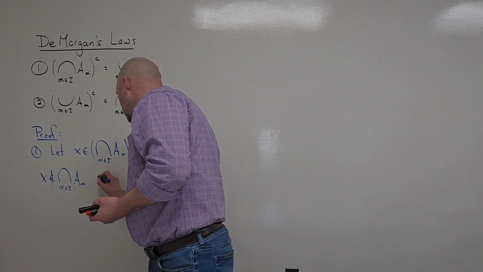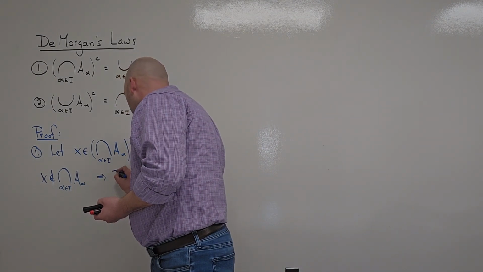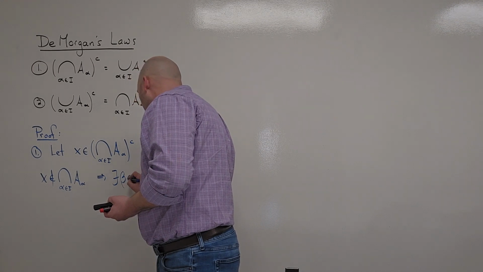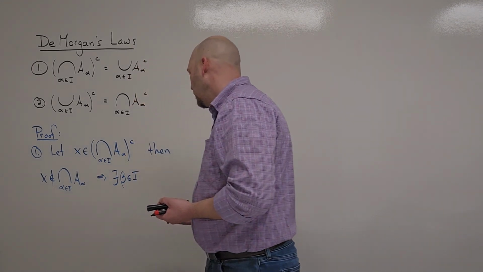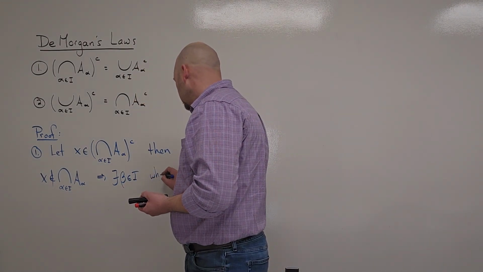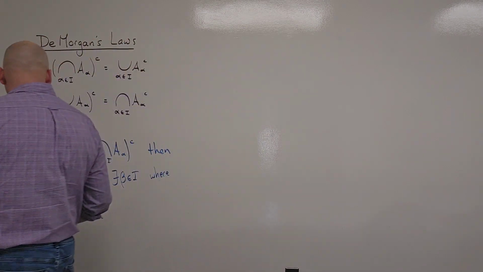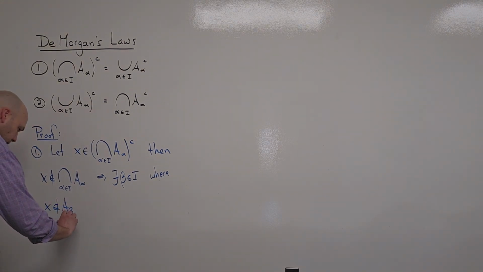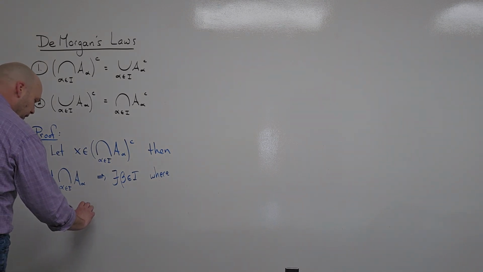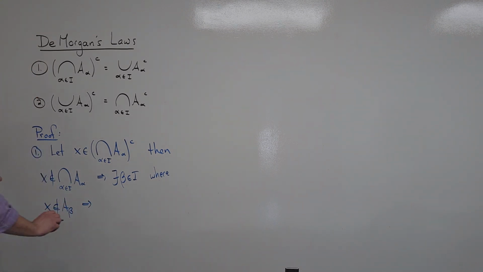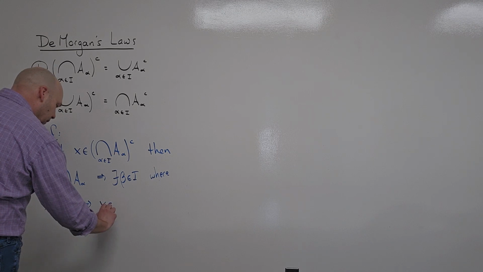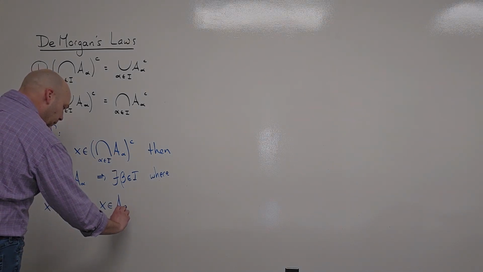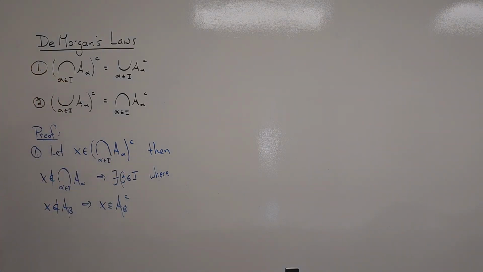So this says that there exists some beta in I, some index value, where X is not an element of A beta. But if it's not an element of A beta, then it is an element of the complement. So X is an element of the complement of A beta.